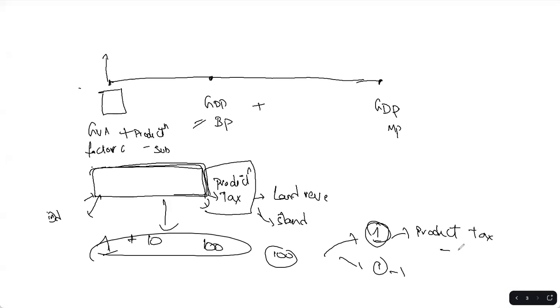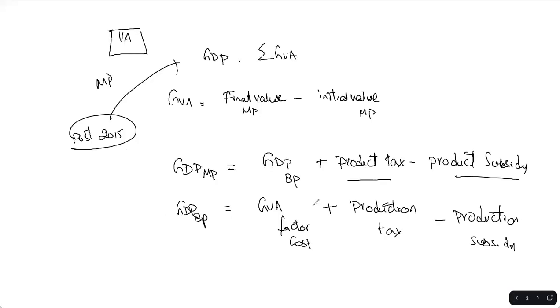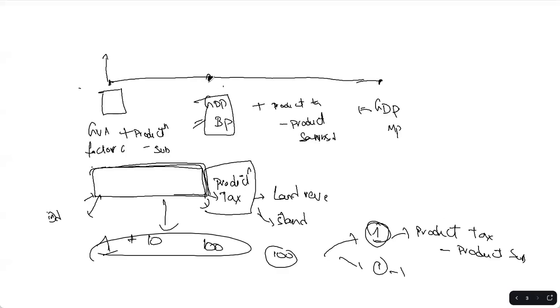So once you arrive at the GDP at basic prices, when you add the product tax and subtract the product subsidy, you will arrive at the GDP at the market price. That is what is written here. So GDP at the market prices is arrived at by adding product tax and subtracting the product subsidy from the GDP at the basic price, which lies somewhere at the intermediate level.